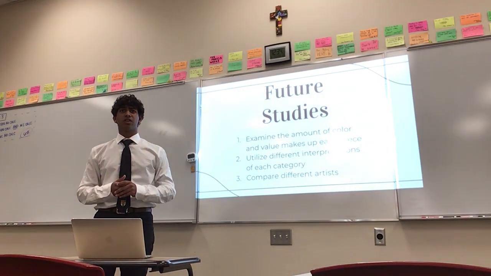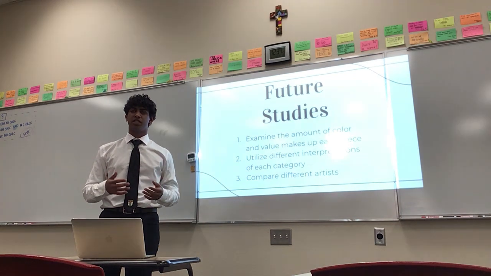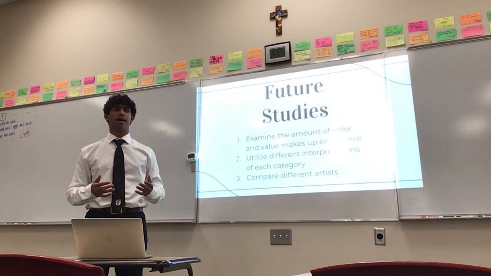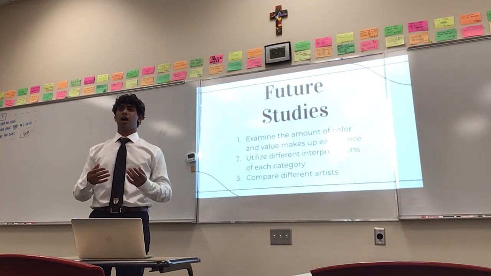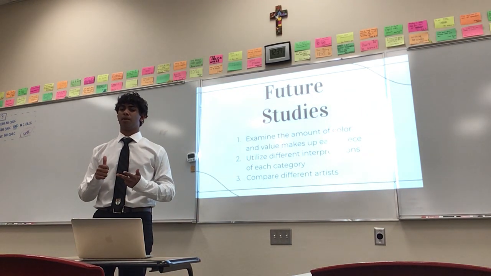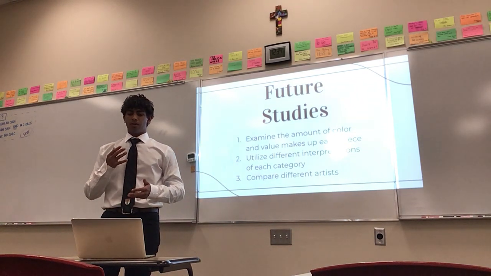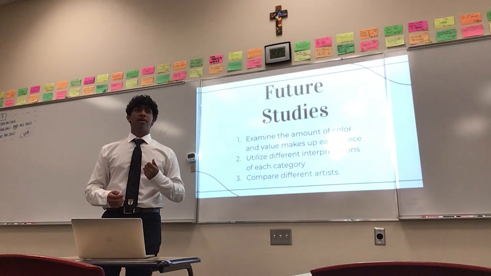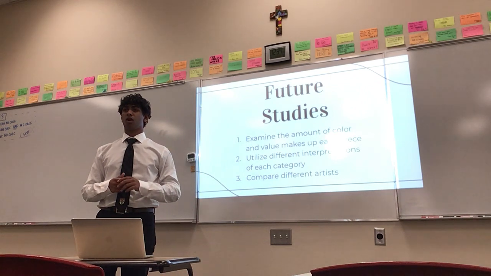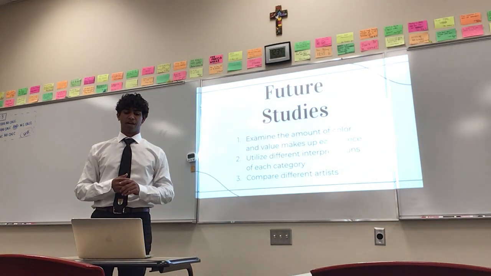The next thing that I would want to do is utilize different interpretations of each category as shown by my literature review, which I used to derive meaning behind lines, shapes, color, and value. I would like to see different interpretations, whether in different age groups or just different participants in general.